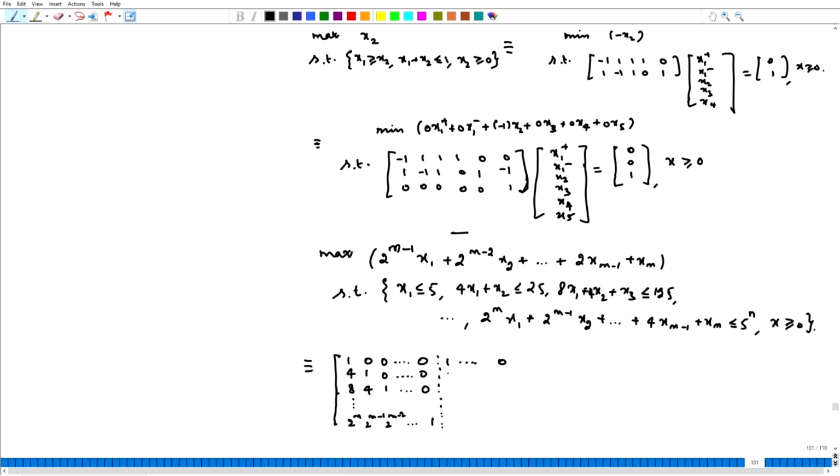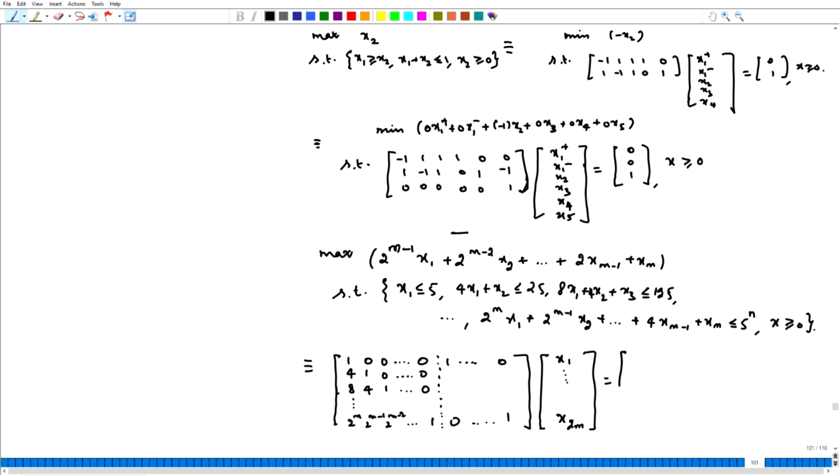So, it is 1, 0, and these can be filled up. You have x 1 to x 2m, so for each of the constraints you have added a slack variable. So, you have 2m variables now.